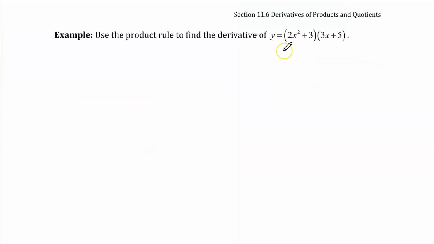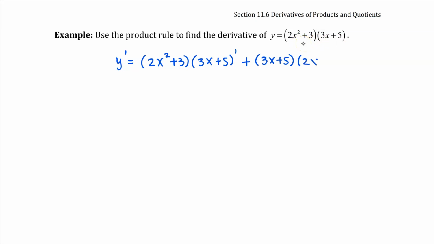Another example. Use the product rule to find the derivative of the given expression. To find the derivative, we follow the formula: y prime is equal to first, so copy 2x squared plus 3 times the derivative of the second, 3x plus 5 prime, plus, copy the second, 3x plus 5, times the derivative of the first, 2x squared plus 3 prime.